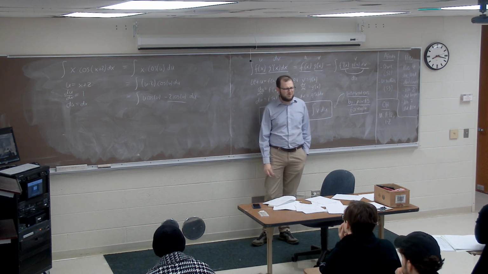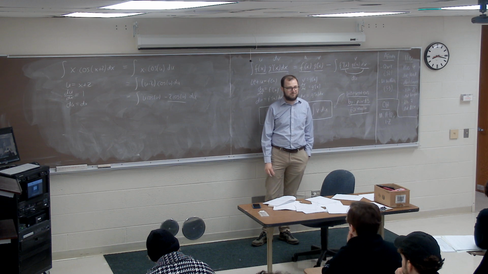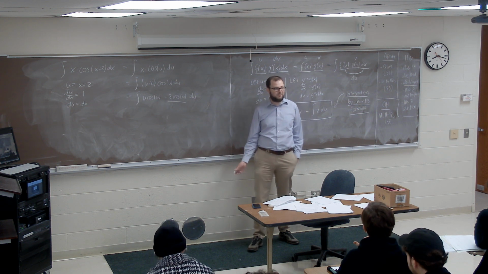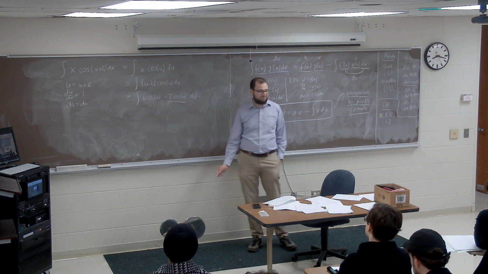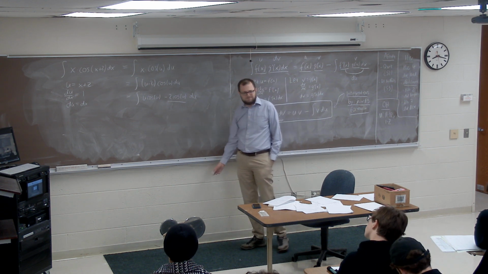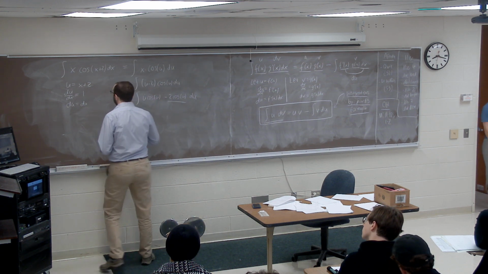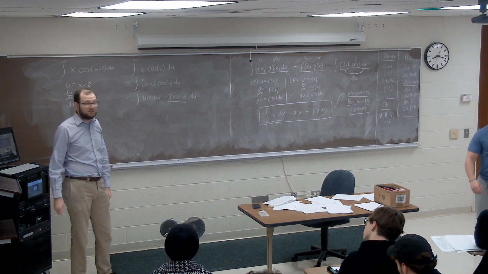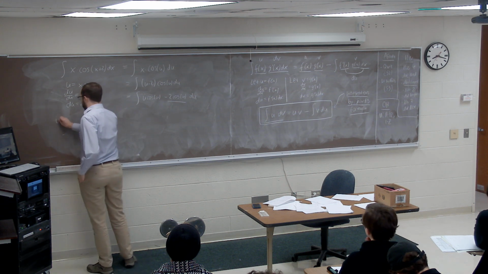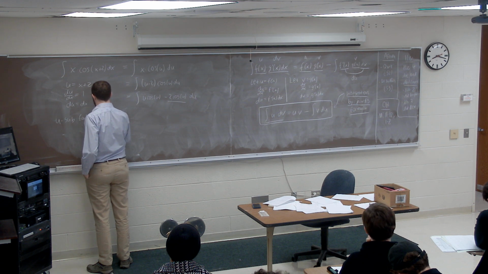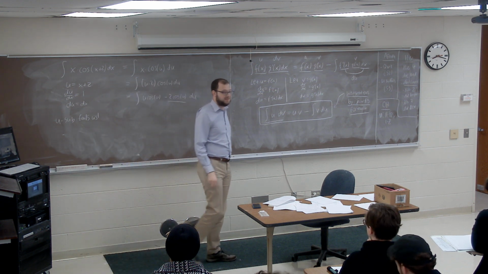How do we integrate u cosine of u? Is that something that we have a nice formula for? Don't really think so. So this would be an example of an integral where our good friend u substitution is going to fail us.